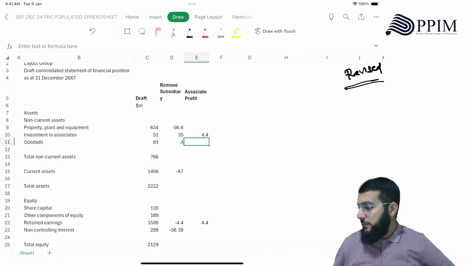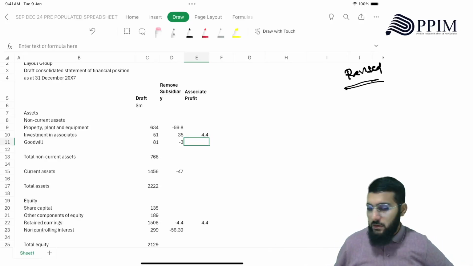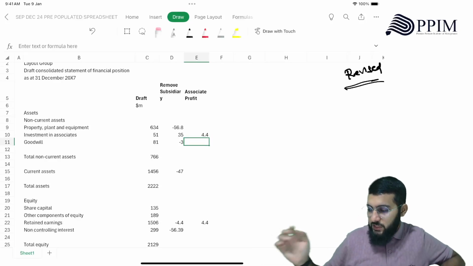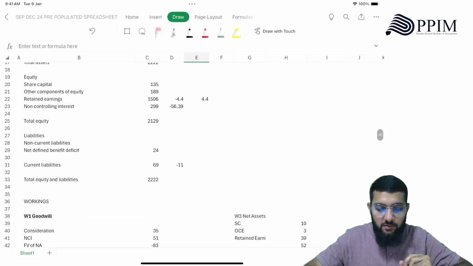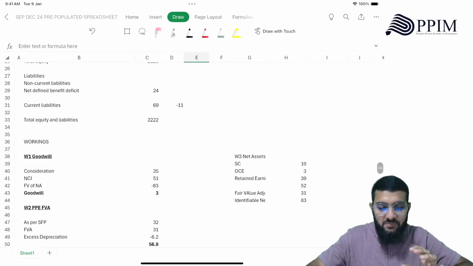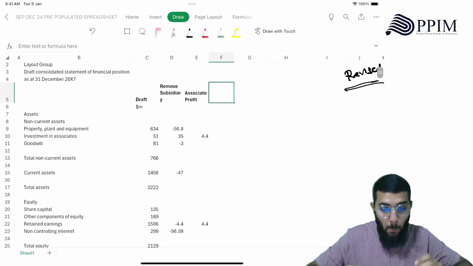Right, 4.4. Clear? So here we have adjusted associate profit as well. This is done. Exhibit 1 done. Exhibit 3 done. Right, now we are moving to exhibit 2.